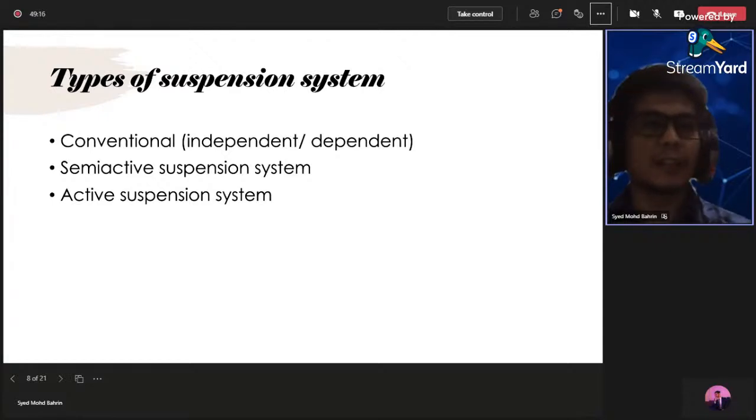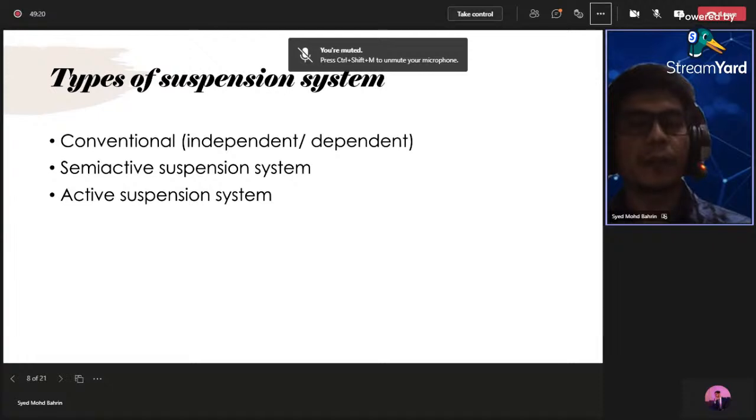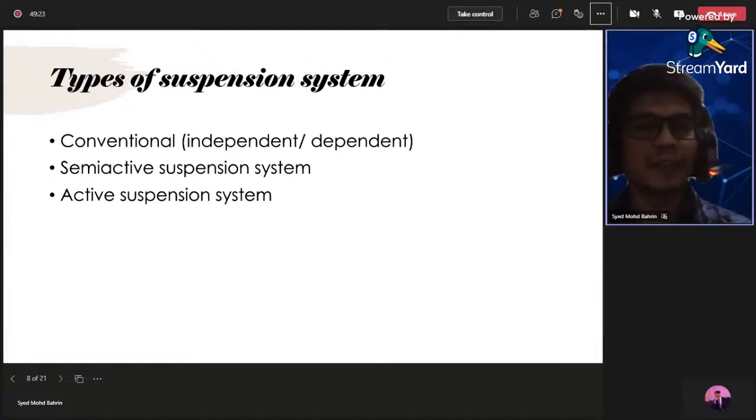If you look at the definition of semi-active and active, it's almost similar. They both require external power. That's why some researchers say that they're all the same. So why do we have to split into two? It's up to you whether you're going to call them all active or call some semi-active and some active. But the common thing between the two is that they both require an external power supply.